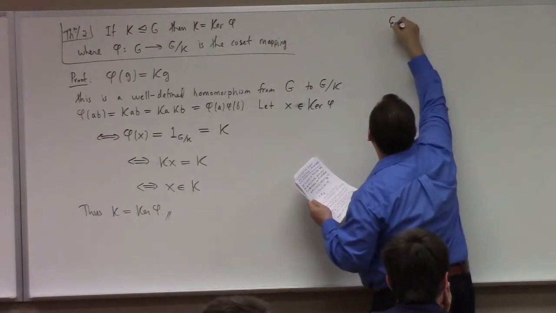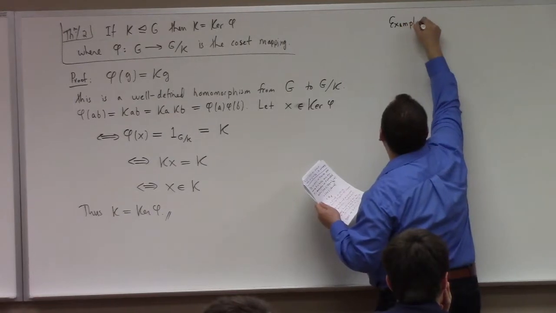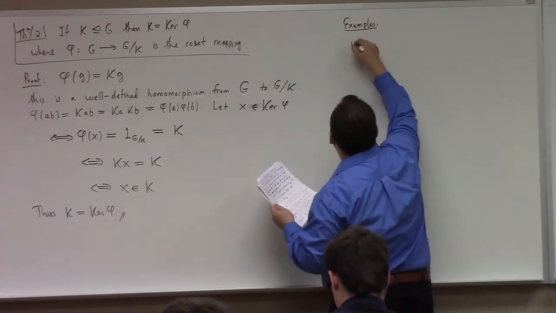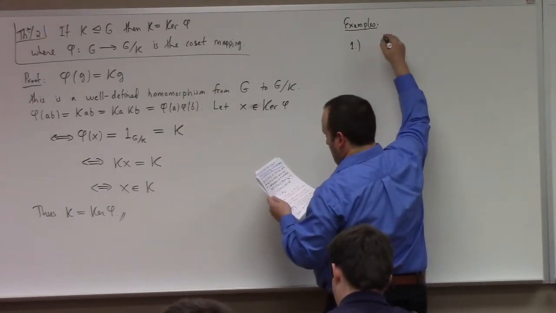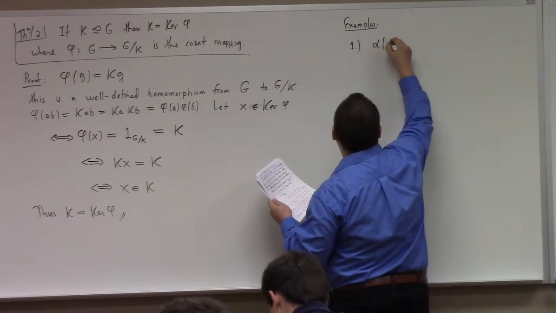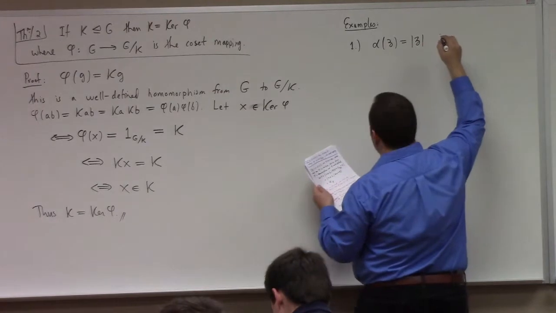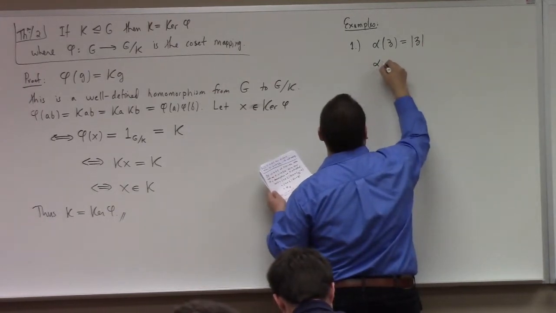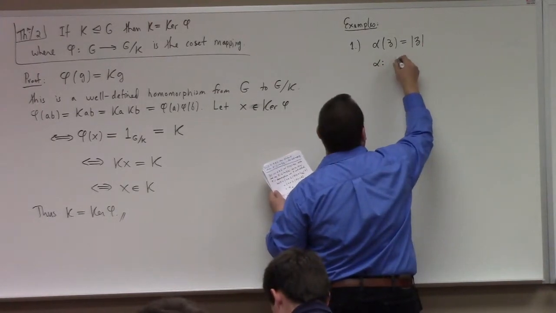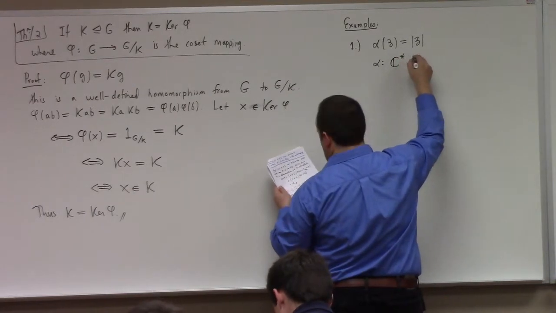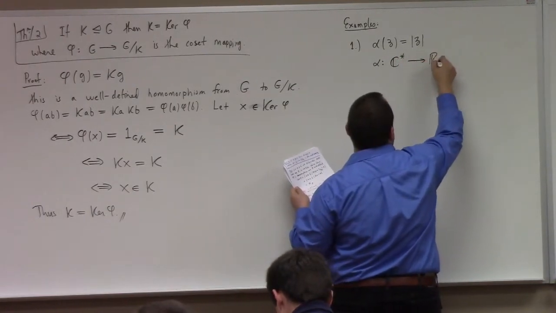So here are some examples. One, we could say alpha of z equals the modulus of z, where alpha is a mapping from the non-zero complex numbers to the positive real numbers.